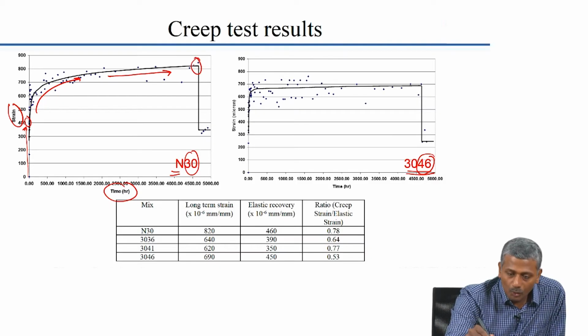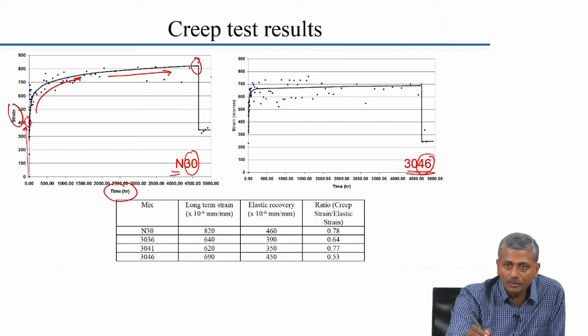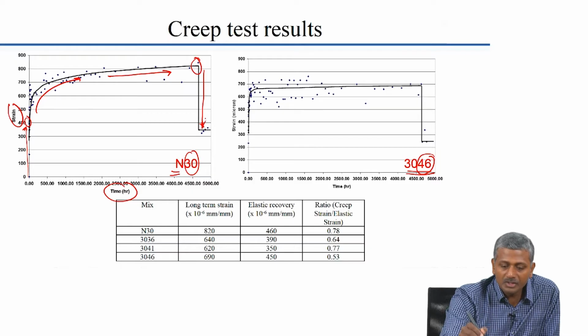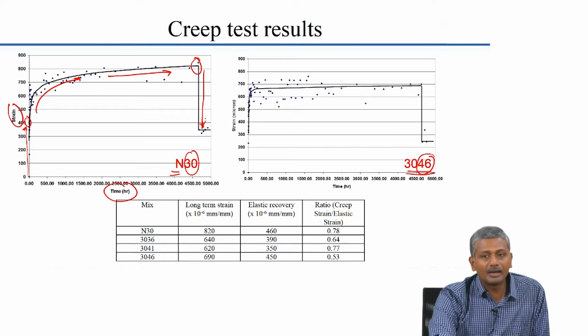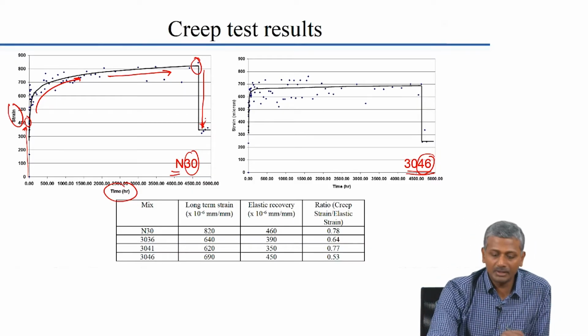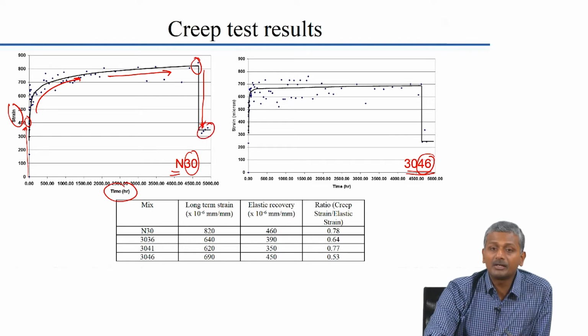As soon as you unload at this location, this load was removed and you saw an immediate recovery, which is because of your elastic response. That is the elastic recovery, and this will be the permanently built up strain.